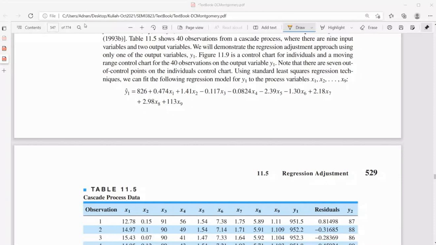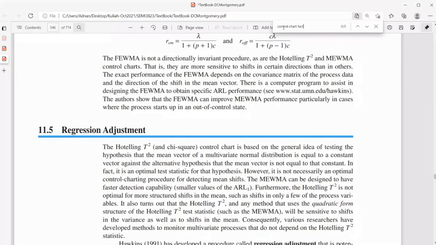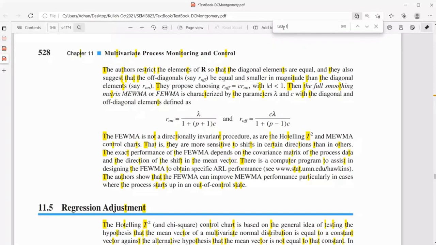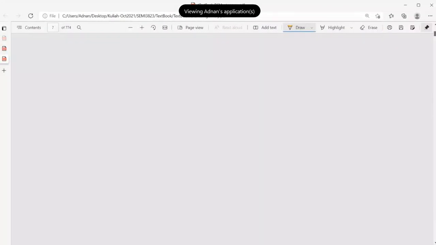Okay, if I search it here, control chart vector. Do I have it somewhere? No. Table factor. Oh, cannot find it. Anyone found this table? Or maybe from the contents of this book.